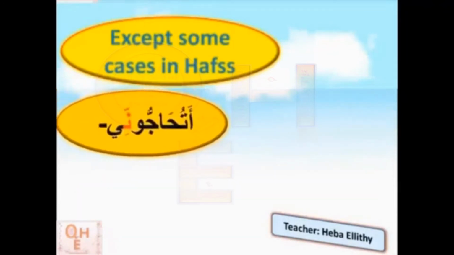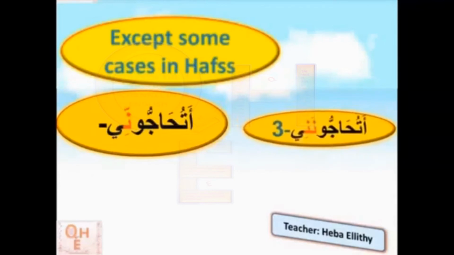Our third word, atuhajjuni. This word in the Arabic is nani. So what we made here, we put sukun in the first letter and then we merge the first letter with the second letter.